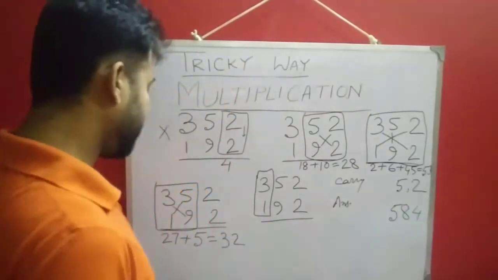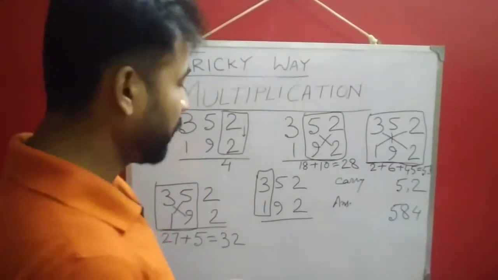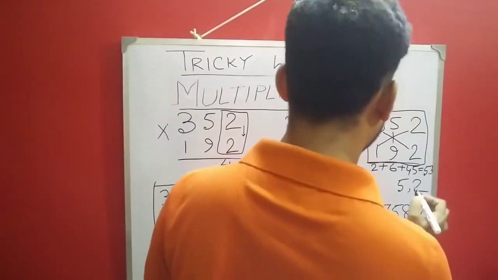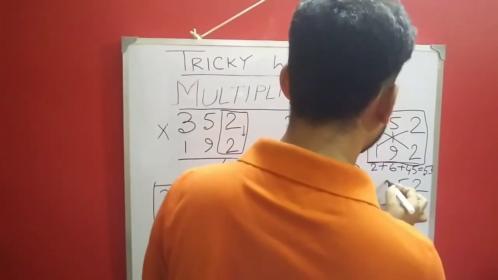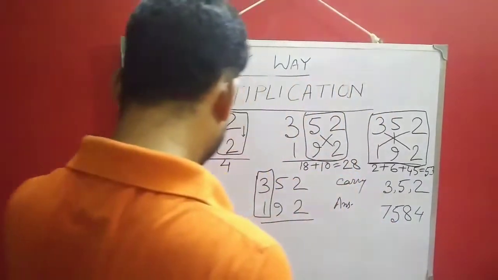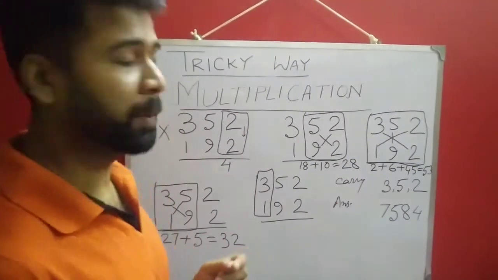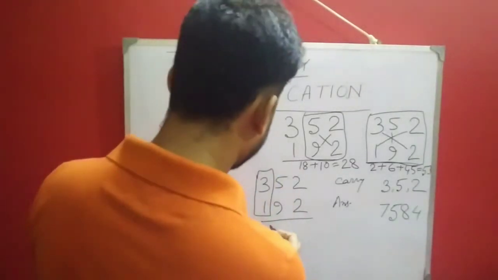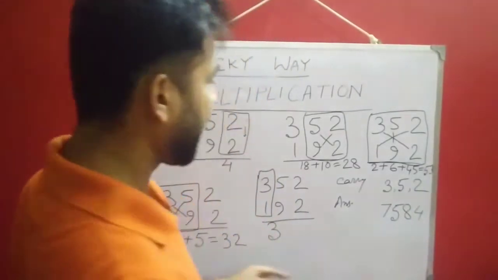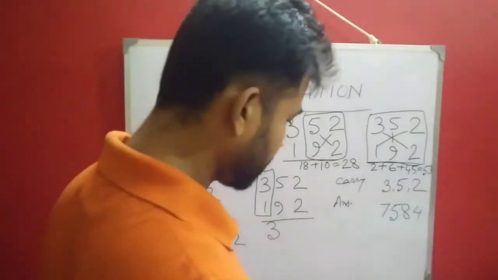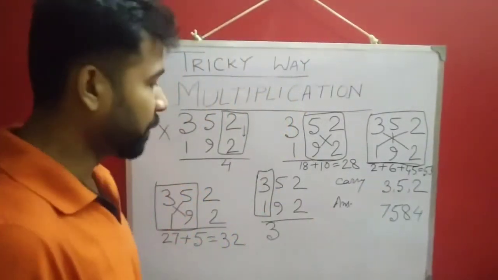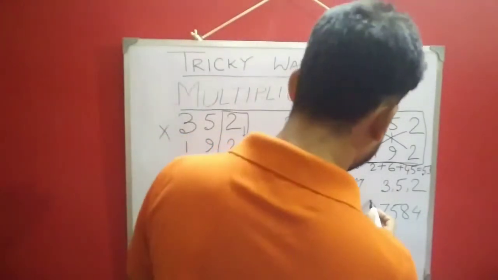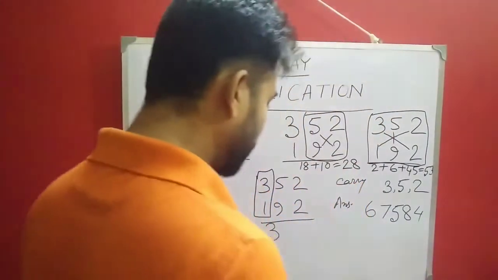And we have carry 5. 32 plus 5 equal to 37. So 7 is the answer and carry 3. And our last operation is 3 into 1, equal to 3. And we have our carry 3. So 3 plus 3 equal to 6.